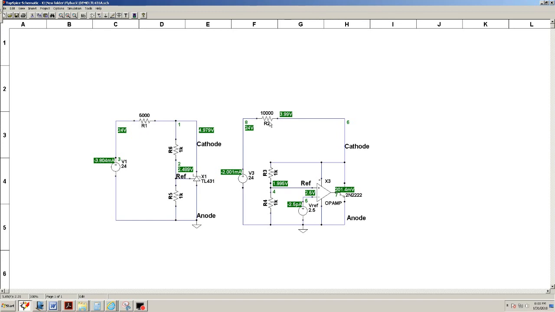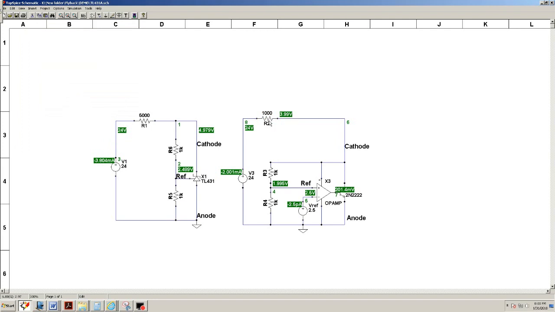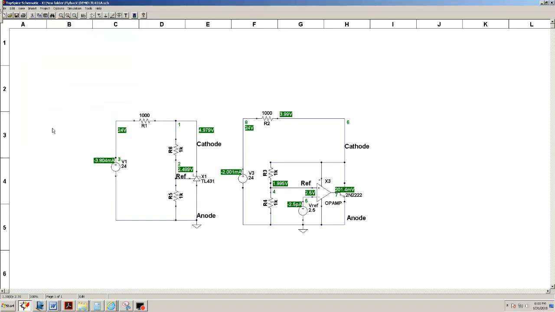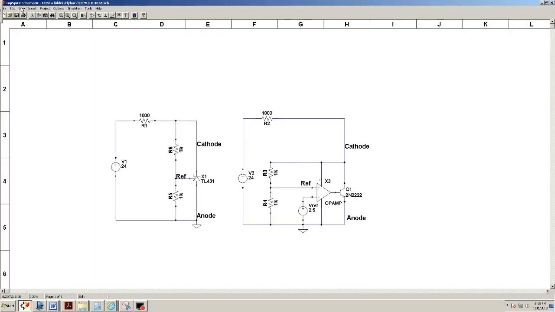So let's go ahead and change this. Let's go ahead and make both of them the same, 1K. That way there's enough current capability. 4.992, 5 volts.